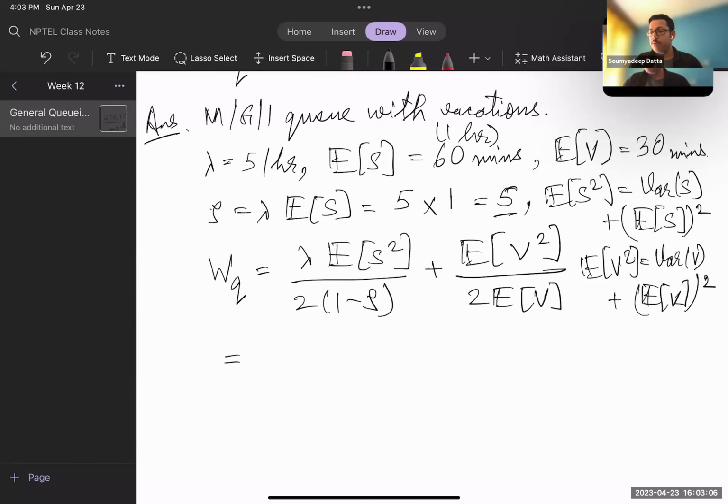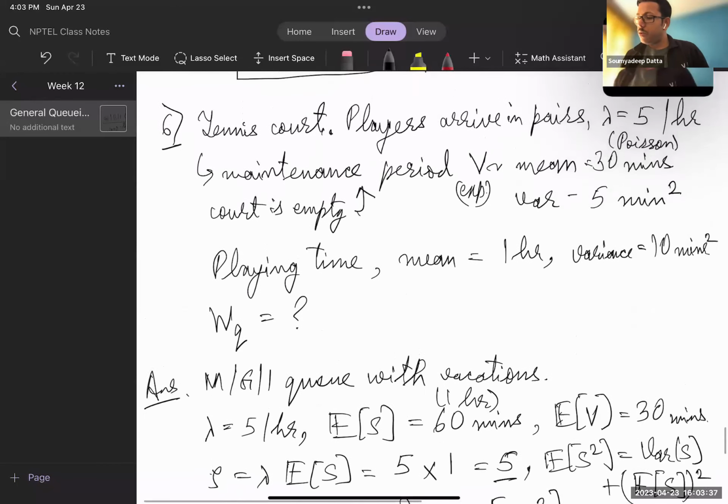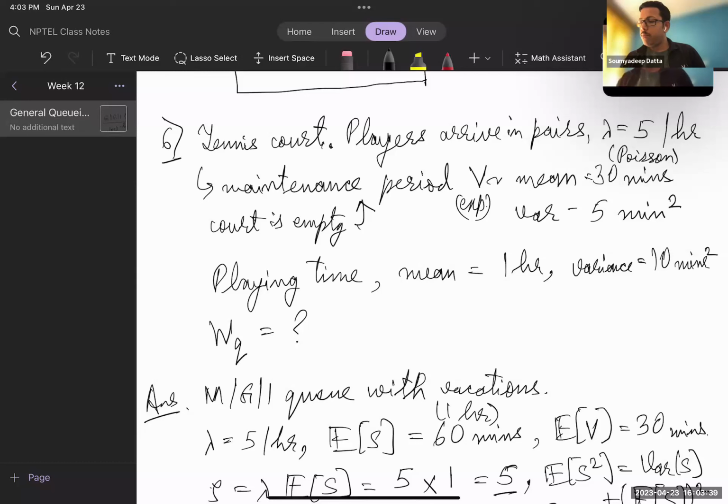Lambda is 5 per hour. So let's convert all of these values to hours, right? So 5 by 2 times 1 minus rho, which is 1 minus 5, times expectation of S squared, which will be variance of S. Variance of S has been given to be 10 minutes squared.